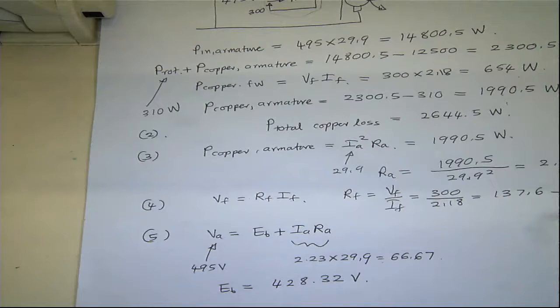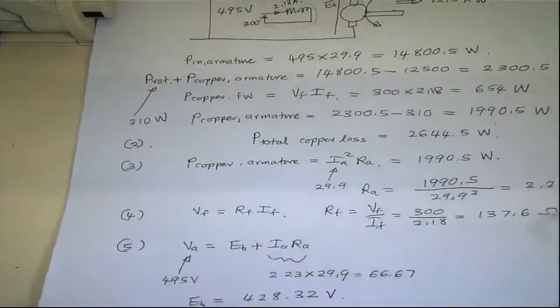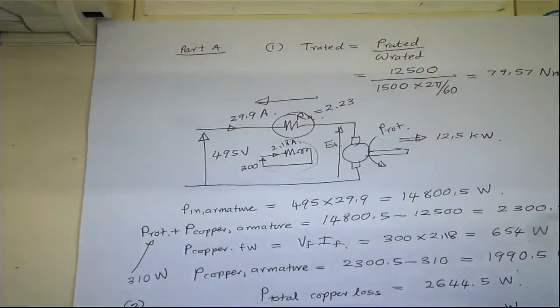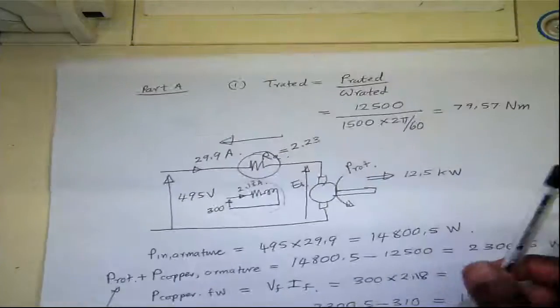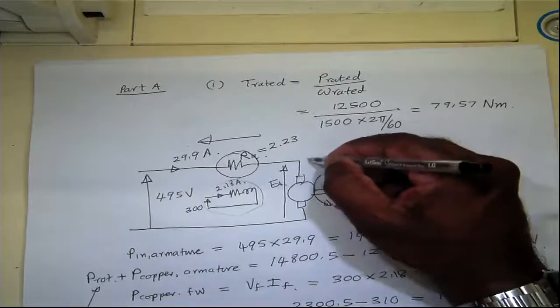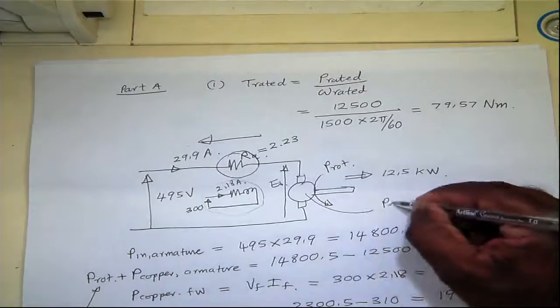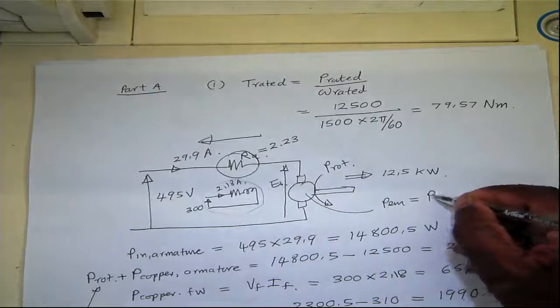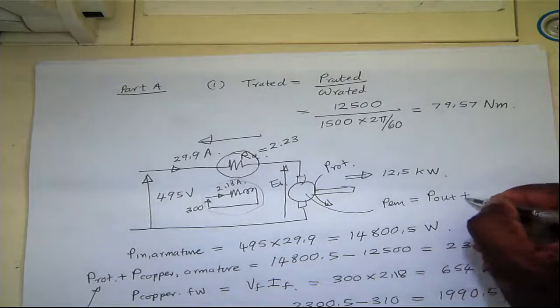So the alternative approach is to consider the electromechanical power developed. PEM will be the output power plus the rotational losses.